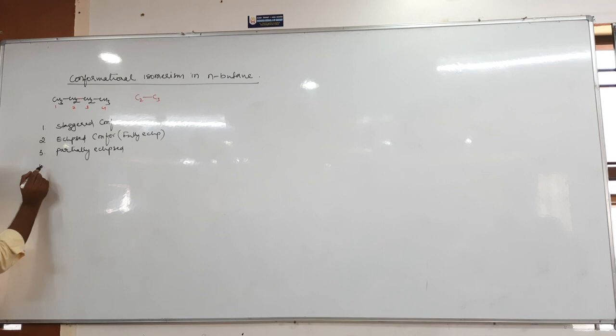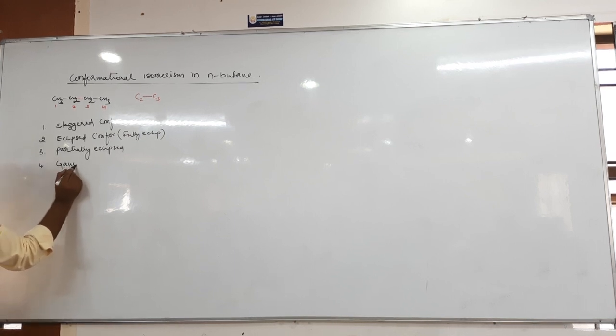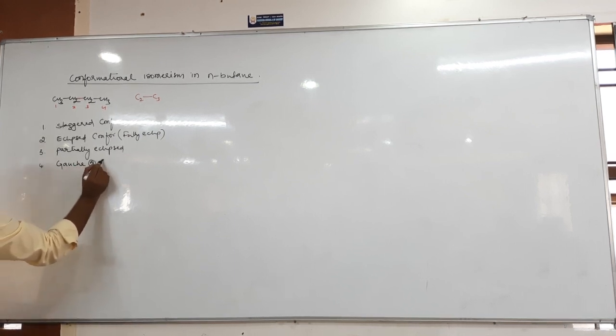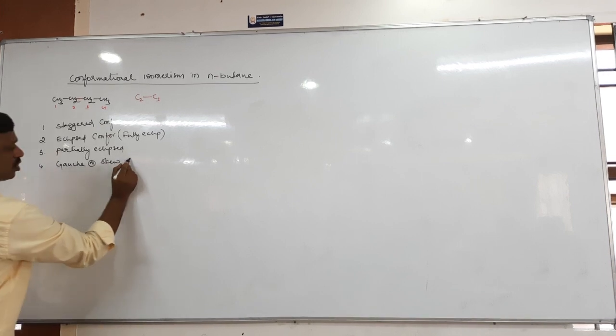And the 4th one is gauche, also called skew conformation.